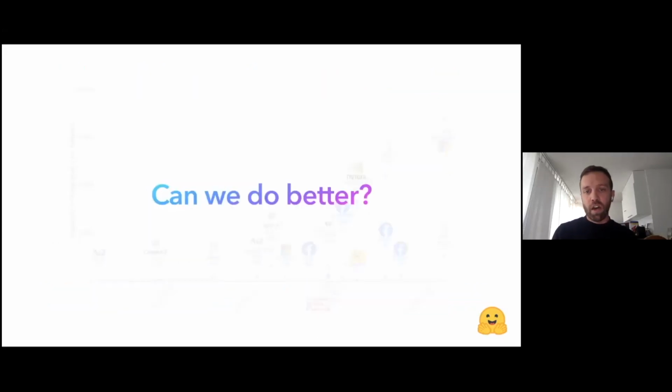The main question we ask is, can we do better than that? Can we make these models more accessible than just having randomly distributed GitHub repos with sort of maintained code? We believe we can, and we try to do this via open source and open science. We try to make science in the open.